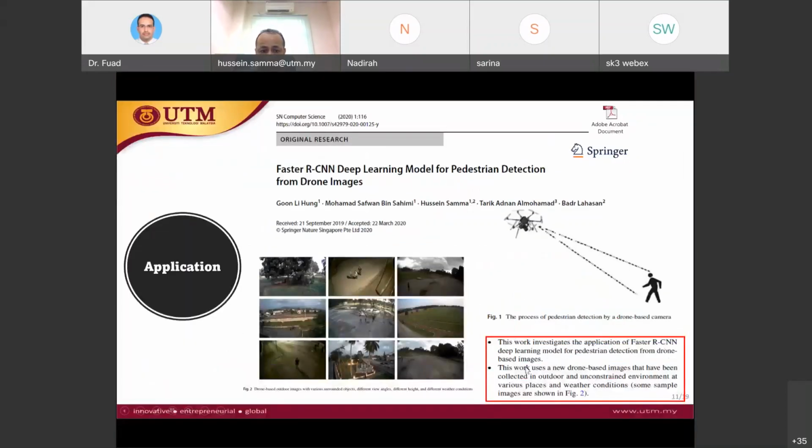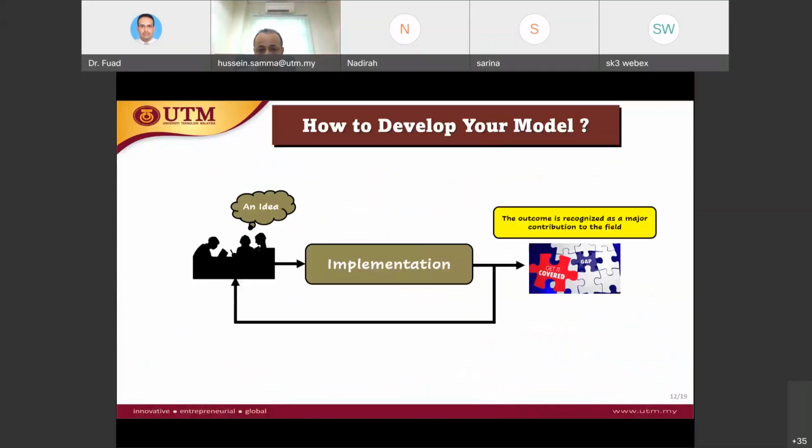And now I move to the most important part of this talk, which is about the process that you need to conduct in order to develop your model. Basically, when you think of the first idea, you just plug in this idea and get the result.